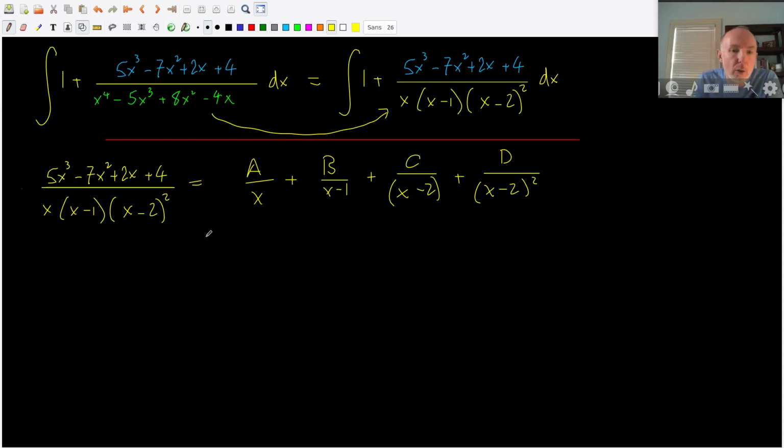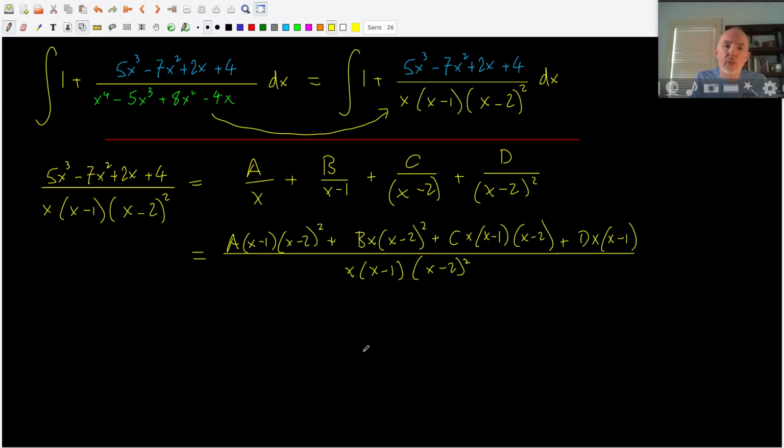And then we put it back over a common denominator where we've got the x minus 1, and then the x minus 2 all squared up down in the denominator. But then we need to combine everything else. And let me just write that out. And just like before, our goal here is just to put in the things that are missing, essentially. There's an x in the denominator here. I put in the other terms, x minus 1, x minus 2 squared.